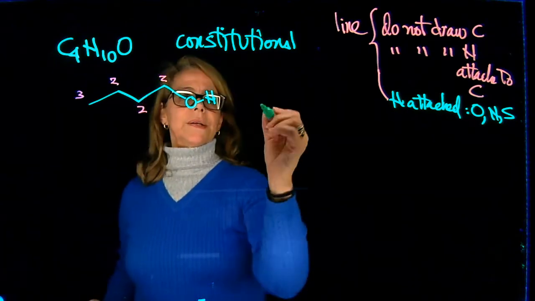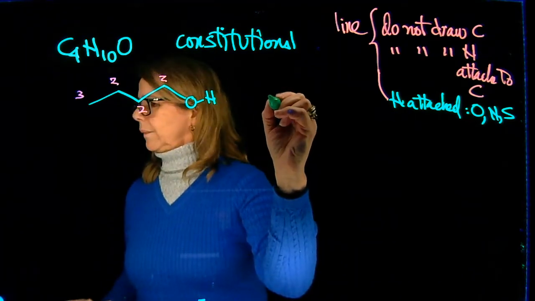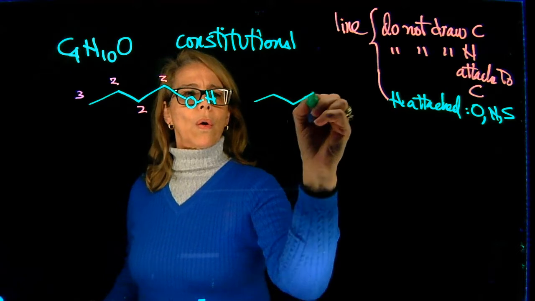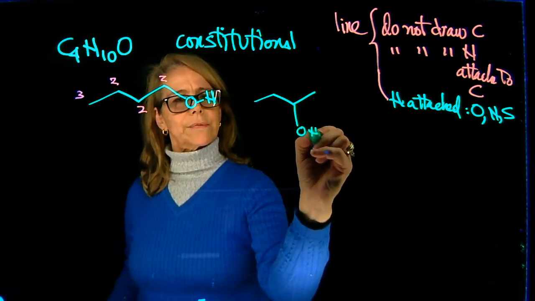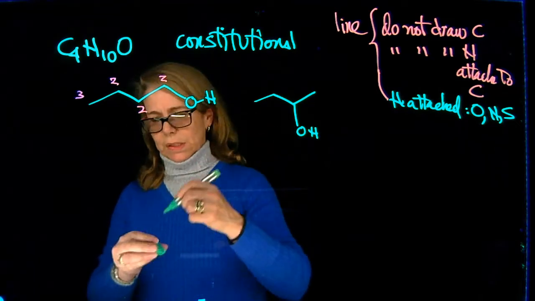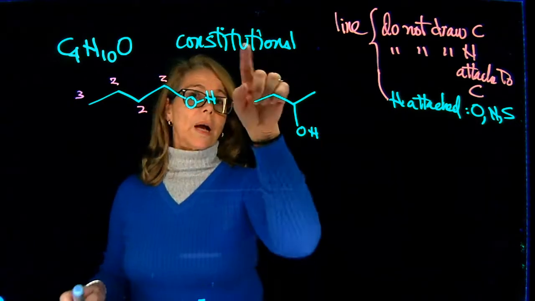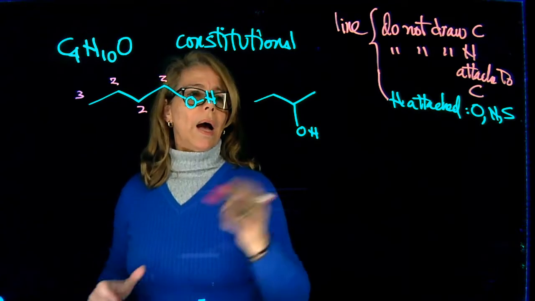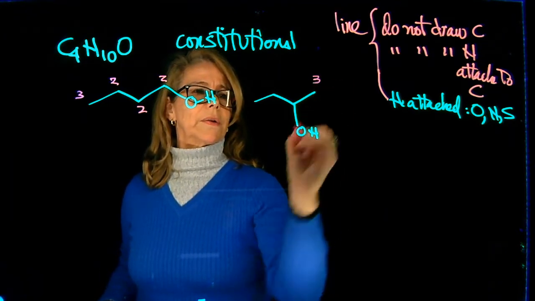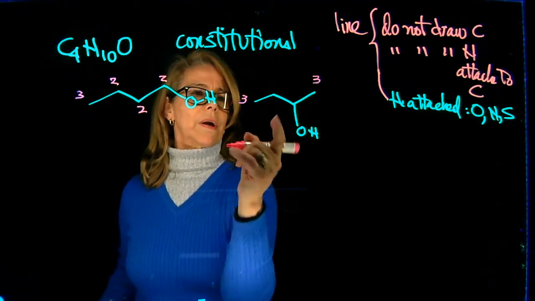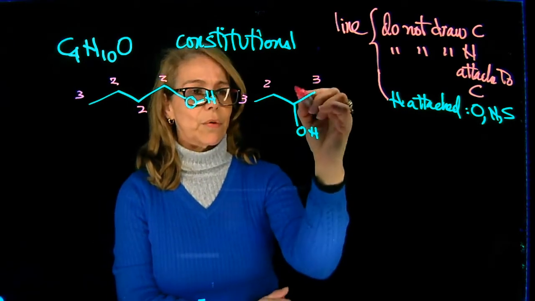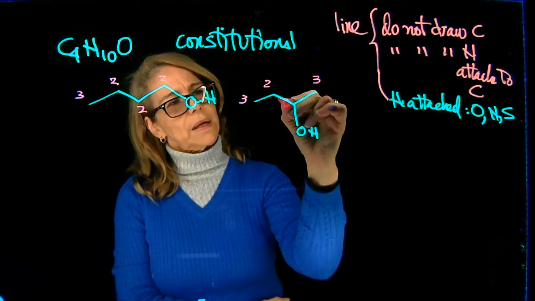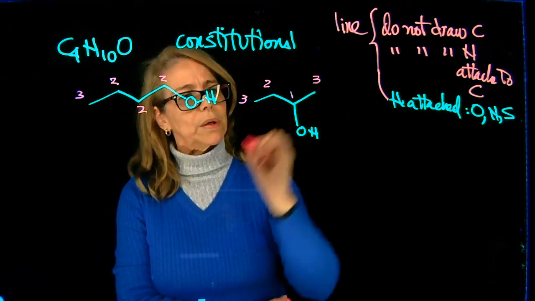I'm going to draw another one, and we're going to have 4 carbons, and I'm now going to connect the oxygen over here. Again, this is another constitutional isomer. This is at the end. I need 3 hydrogens here, 3 here, and there's 2 here. If I were to draw the condensed formula, remember, the carbon here has 1, 2, 3 bonds, so I need 1 here.